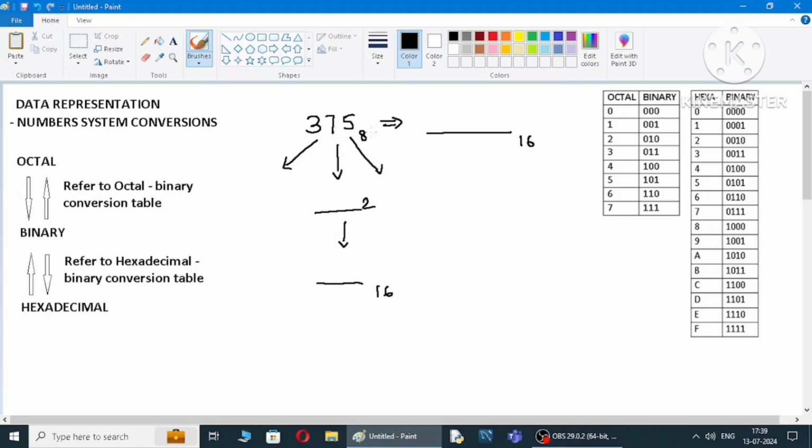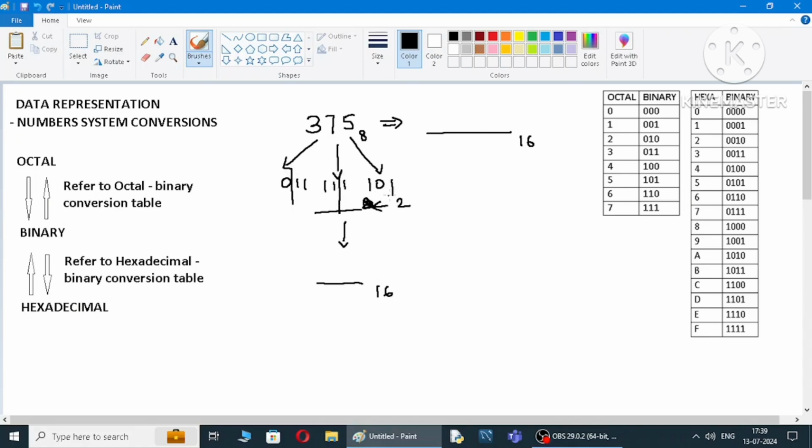Take the tabular column. What is the equivalent for 3? 011. What is the equivalent of 7? 111. What is the equivalent of 5? 101. So this is the binary equivalent. Now convert this binary equivalent to hexadecimal. How will you do this? Whenever you convert binary to hexa, you have to convert it into 4 bits.